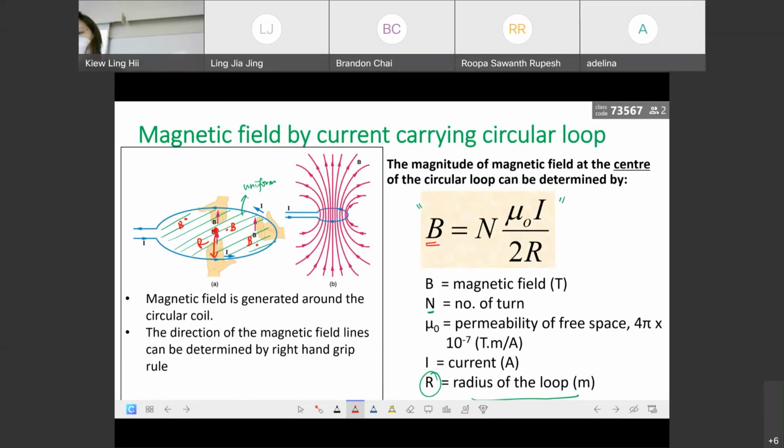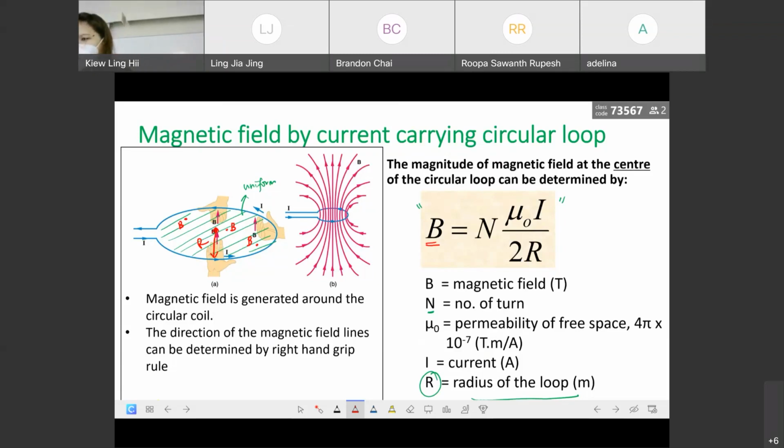So how do we determine the directions? Likewise, you can use your right hand grip rule. Just follow the directions of your fingers, like you follow the whole wire. Let's imagine this wire. Our circular coil, your thumb follows all the way. How does the coil go? What can you see?